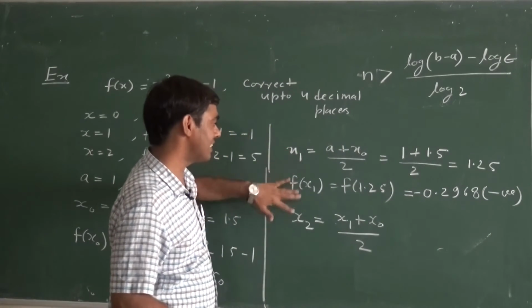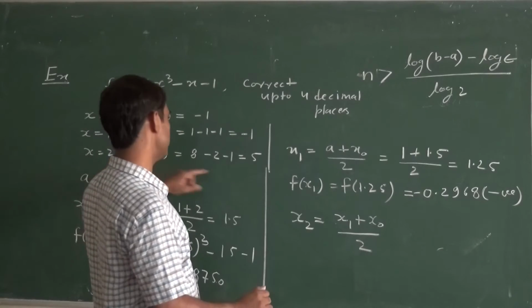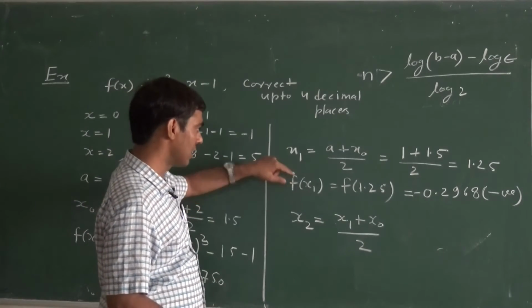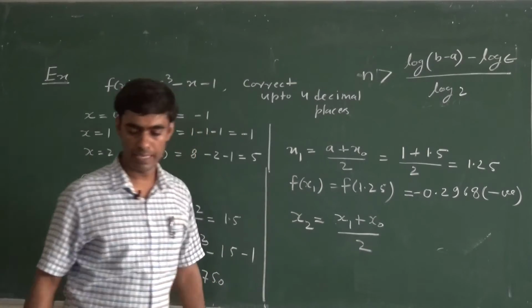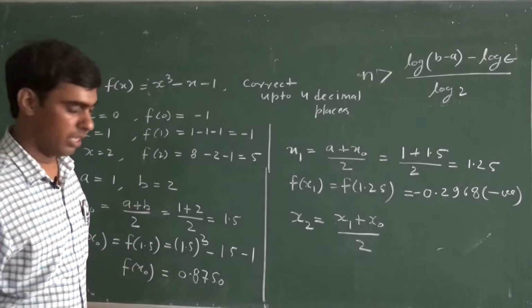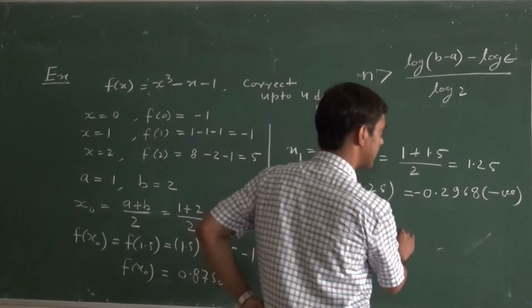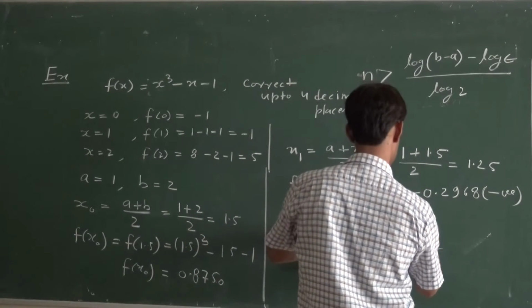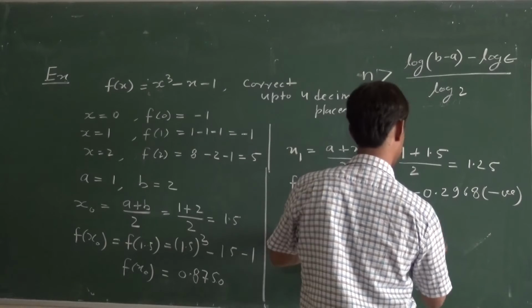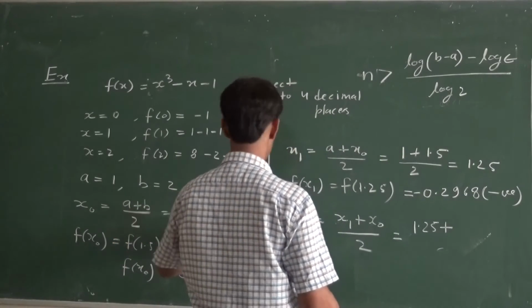So we interchange the values: where in the previous iteration there is a negative, and in the current iteration also a negative, we interchange the negative values. So in this iteration, x1 is 1.25 plus the x0, which is 1.5.